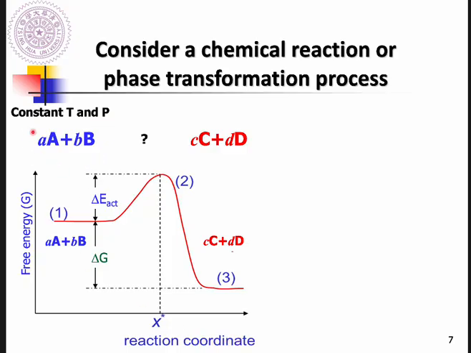So we sum the free energy of A and B, and we get this high value. And we sum the free energy of C and D, and we get this one. Obviously, you can find that C and D have a lower energy. So the system will go to the right-hand side, this way, right?